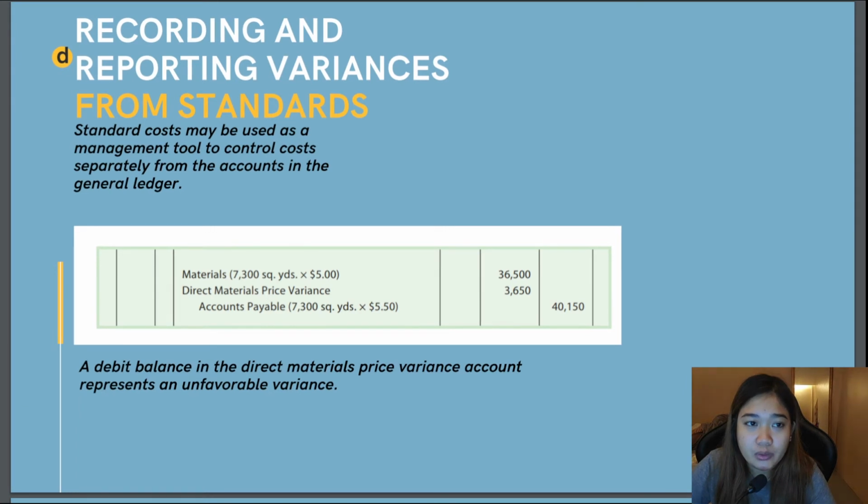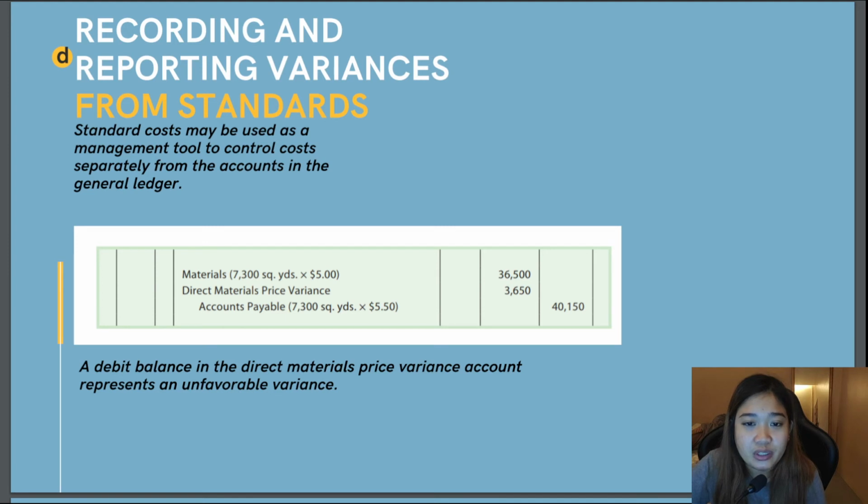So, we will proceed to recording and reporting variances from standards. Standard cost may be used as a management tool to control costs separately from the accounts in the general ledger. To illustrate, assume that Western Rider purchased on account the 7,300 square yards of blue denim used at 5.50 per square yard. The standard price for direct materials is $5 per square yard.